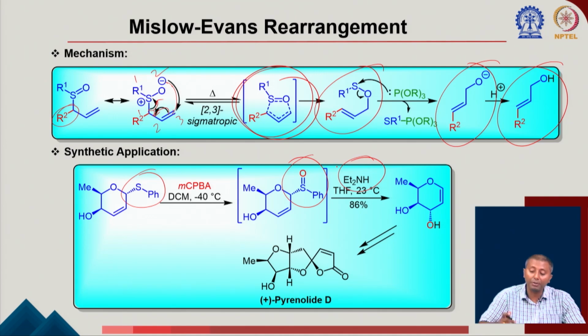Okay, here what is happening, again you can think about the sulfur as a plus, this is a minus, so this can go for a 2,3 sigmatropic shift, and there will be cleavage of the carbon-sulfur bond, and then once you have that compound, you have a methyl here, OH, and again you can understand that the stereochemistry here is getting shifted.